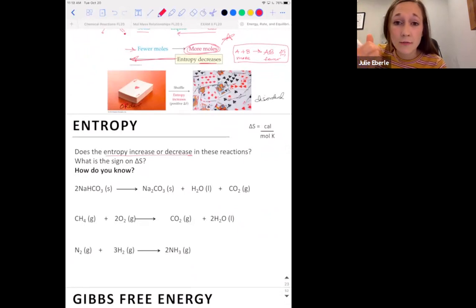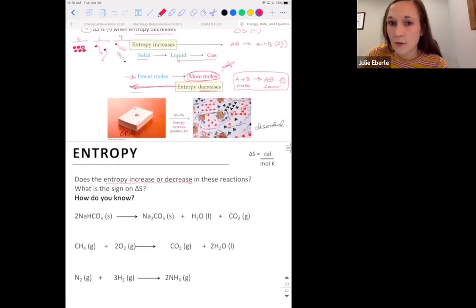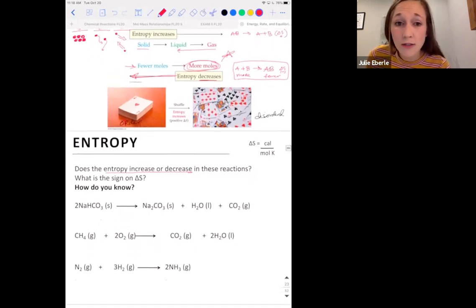You need to consider what kind of state of matter I have on my reactant side. Do I have solids and liquids, or do I have gases? What kinds of state of matter do I have on the product side? Solids, liquids, or gases? And then think about the figure up here. What direction does it match? And then also consider how many reactants do I have? How many moles of gas or solid?